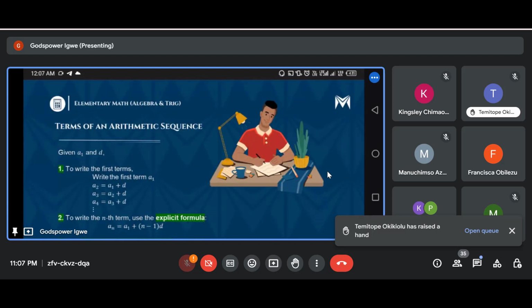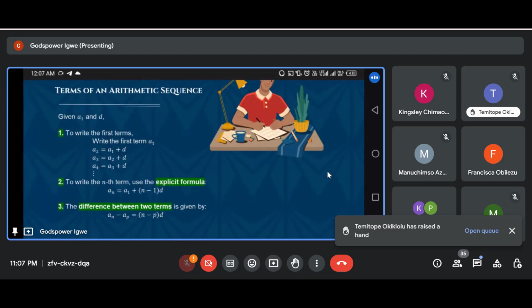Terms of an arithmetic progression: to write the nth term, use the explicit formula. To find the nth term, a_n equals a1, the initial term, plus n minus 1 multiplied by the common difference. This will find any term.